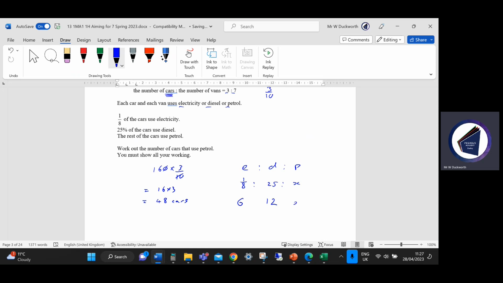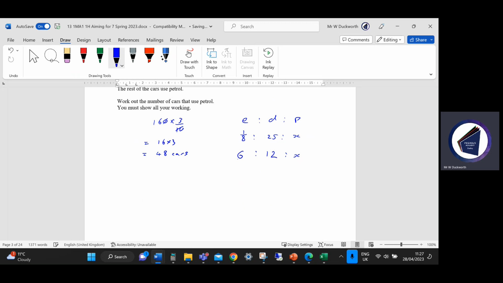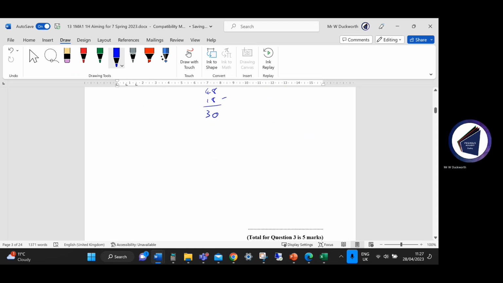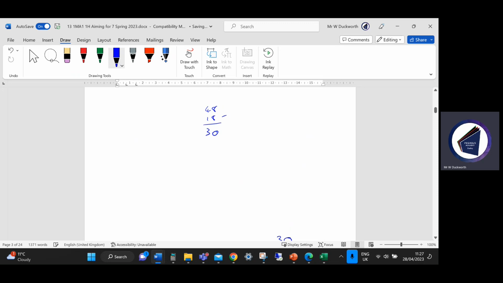And then we've still got x, which we're trying to work out. Currently we have accounted for 18 of the vehicles. So 48 minus 18 is going to be, sorry, 30. So 30 of the cars are going to be petrol. And that's it for that question.